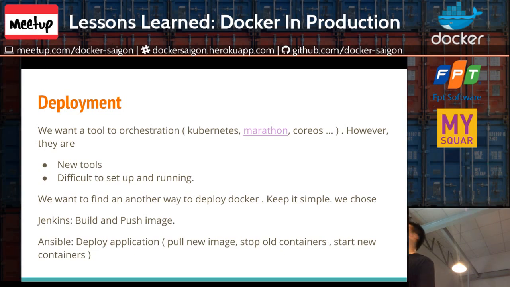We want to keep it simple, and we already use Jenkins to build and push the image. After Jenkins builds and pushes the image successfully to Docker Hub, we deploy the new image on production.